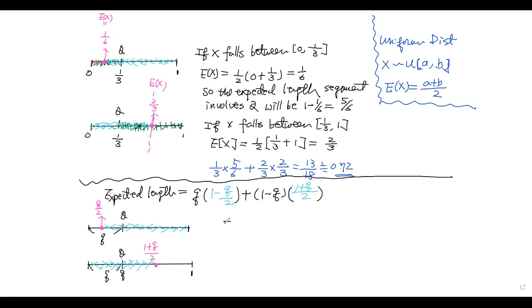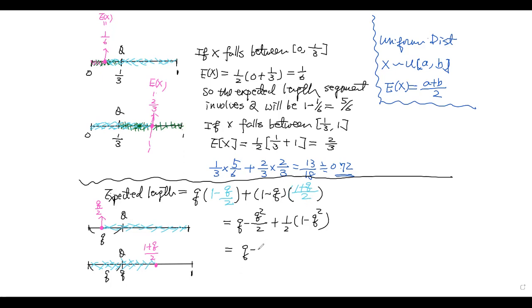Then if you simplify it a little bit, it's q minus q squared over 2 plus 1/2 minus q squared. All right. So I'm sorry, this is a plus, right?